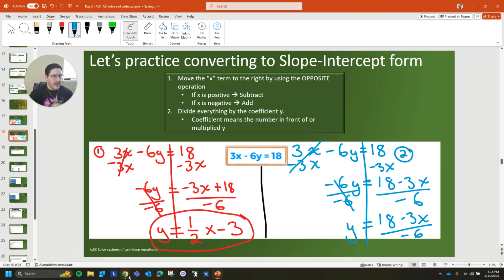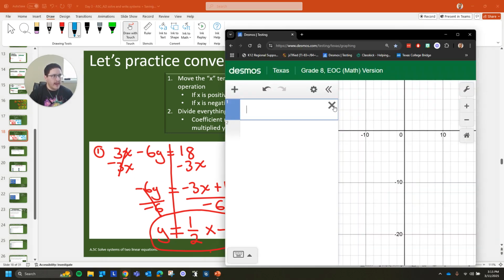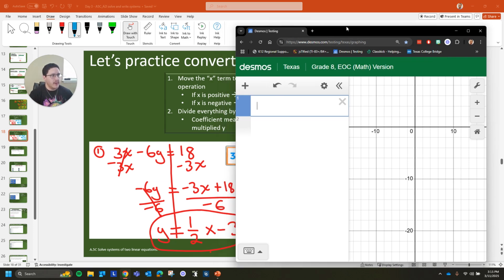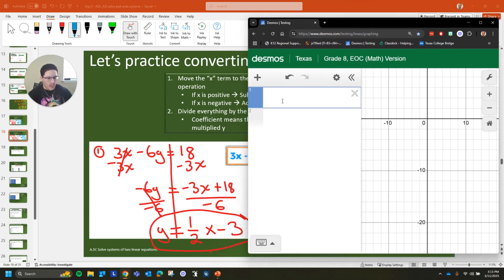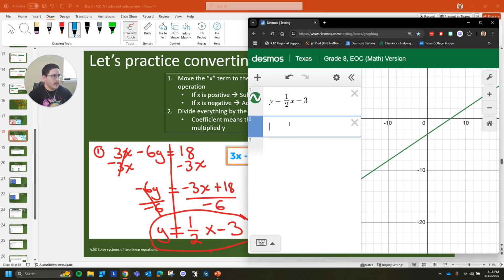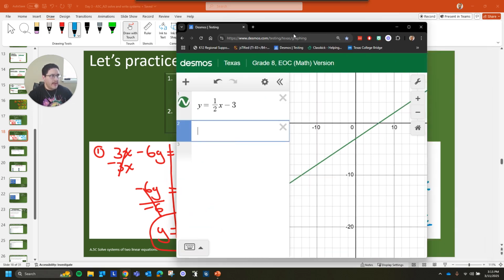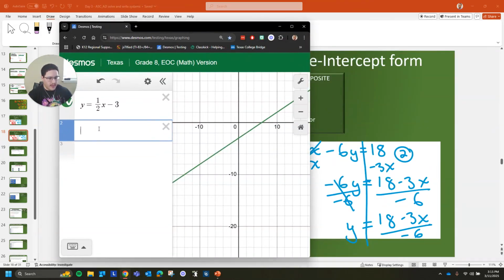So on your Desmos calculator, again, it doesn't matter which version you have. They're both the exact same line. So just to show y'all, I'm going to use the first equation. Y equals 1 divided by 2, and I'm going to arrow to the right, x minus 3. So that's one line, and then I'm going to show you the other line here.